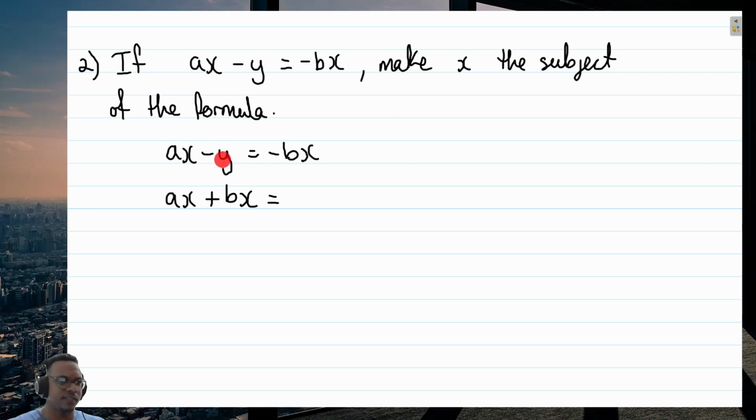Then I'll take this negative Y and carry it across the equal sign to the right hand side, and the sign in front of it will change from negative to positive. Now because the Y is by itself, the positive sign in front of it is understood, therefore there is no need to write it. So now that I have the terms in X together, I can factor out the X.